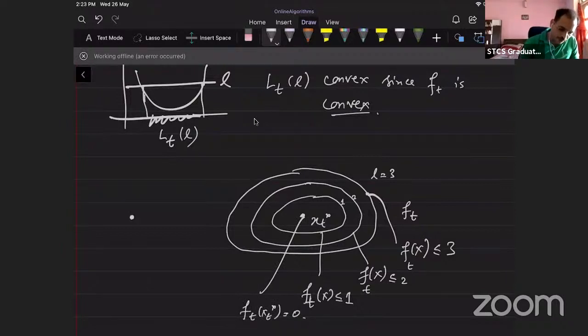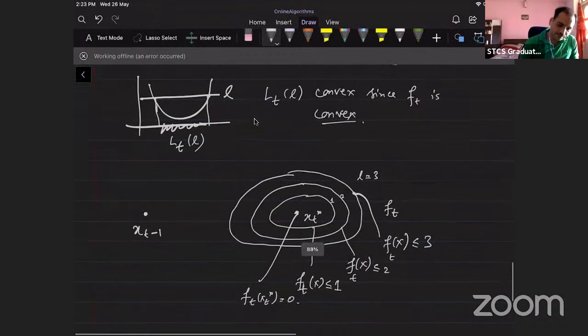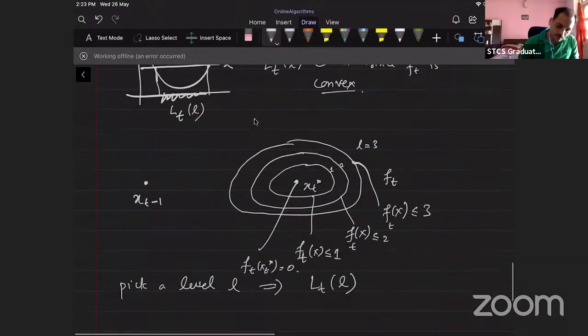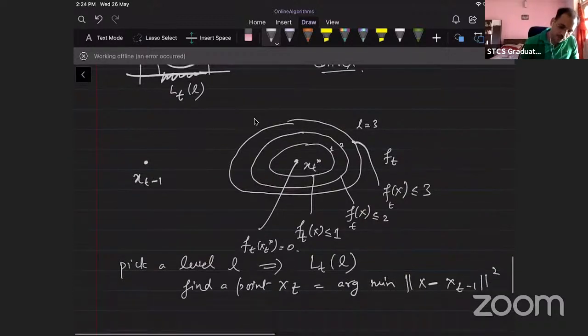Now I'm somewhere at xt minus 1. What I want to do is pick a level l, and that will define my level set lt of l, and find a point xt, which is the argmin of the norm of x minus xt minus 1 squared, where x belongs to lt of l.